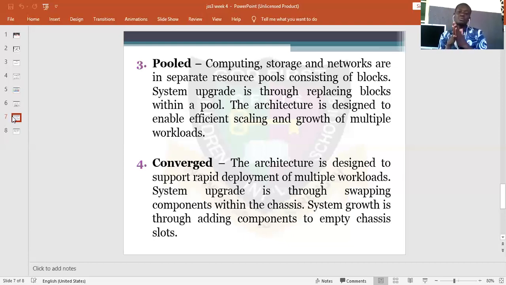Now, like we all know, the majority of our CPUs are always in this converged mode. In that case, the chassis still has enough space to fit each other component coming in. For example, probably I have just a single video card on my system. I decide to use another monitor, probably two monitors on the system.